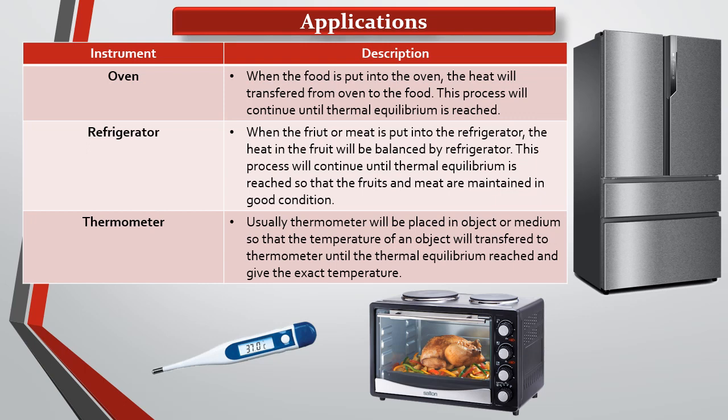Let's say you put a turkey inside the oven. So you set a certain temperature, okay? When you set the temperature, that means you give instruction to the oven to provide a certain heat energy to transfer from the oven to the turkey, until at one point the temperature of the turkey and the oven will be the same, because the rate of heat energy transfer from the oven to the turkey is the same.